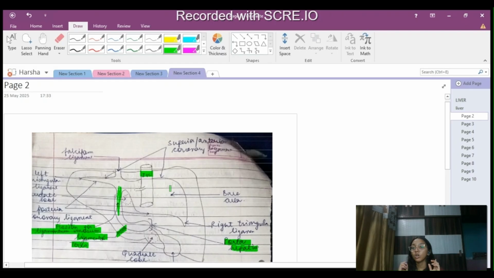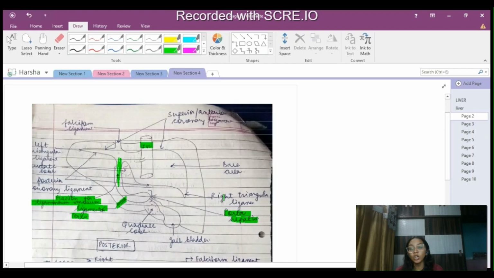So the caudate lobe is bounded by three borders: on the right side by the groove for the inferior vena cava, on the left side by the fissure for ligamentum venosum, and inferiorly by the porta hepatis. Clear? So this is the caudate lobe.